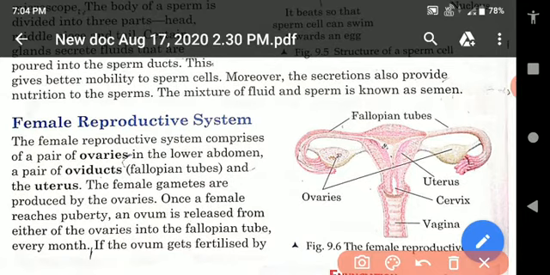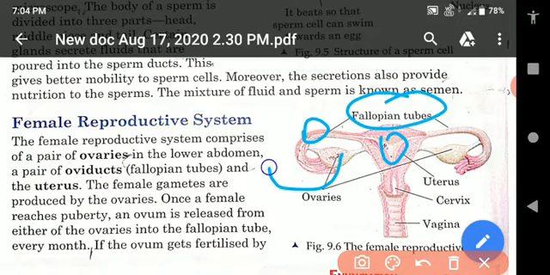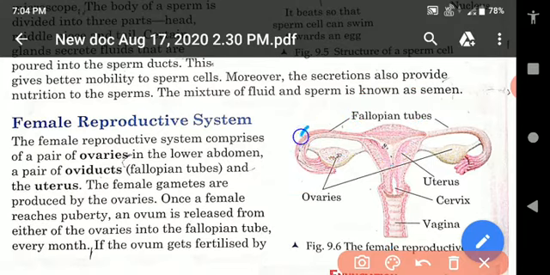It takes place in the uterus. Where does fertilization take place? Fertilization takes place in the fallopian tube. From here the egg moves into the fallopian tube, and the egg resides for 24 hours. The life of the egg is 24 hours.